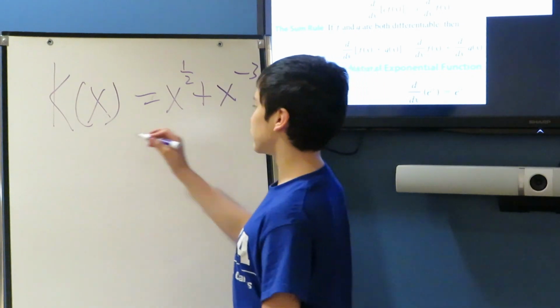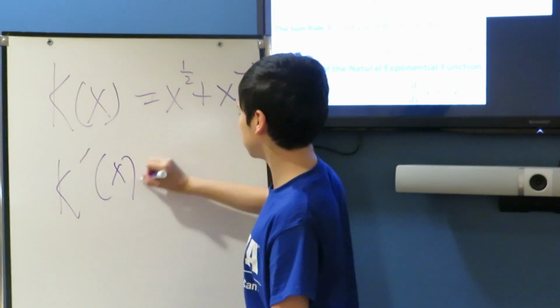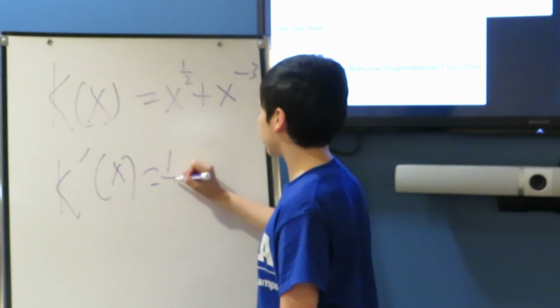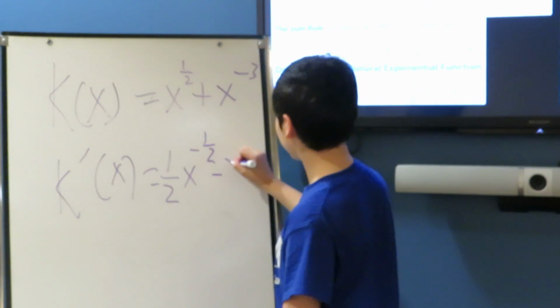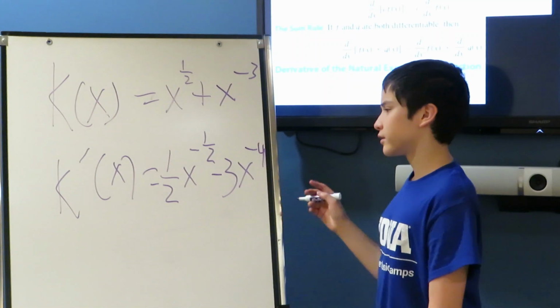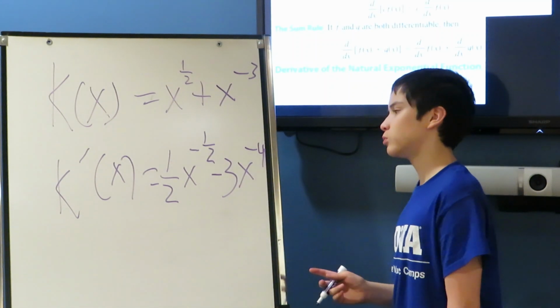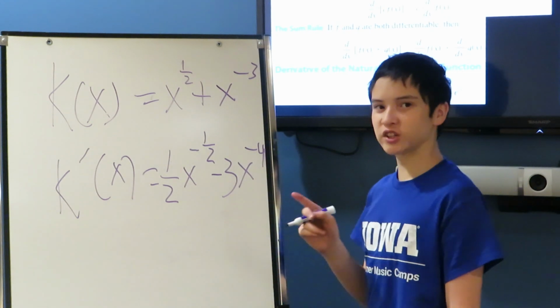So we apply the power rule. And we get k prime of x equals half x to the negative half minus 3x to the negative fourth power.